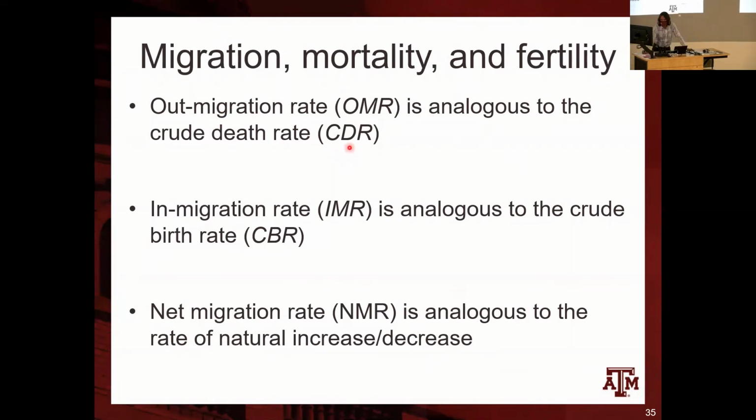Here we are talking about people dying, here people moving out, and here people being born and people moving in. And the net migration rate, which is in-migrants minus out-migrants, is analogous to the rate of natural increase or decrease, which is pretty much the crude birth rate minus the crude death rate.